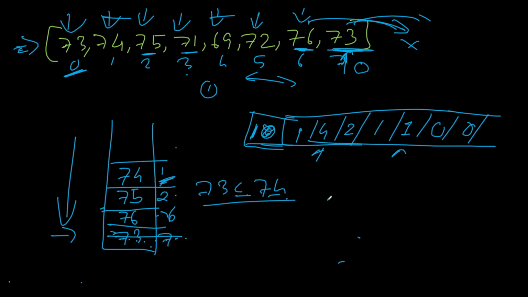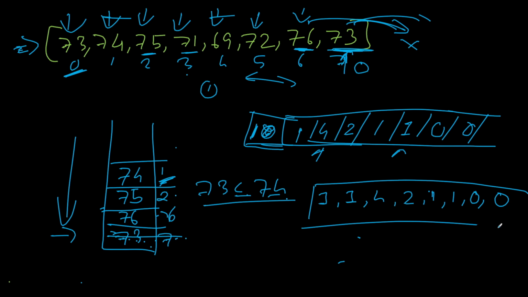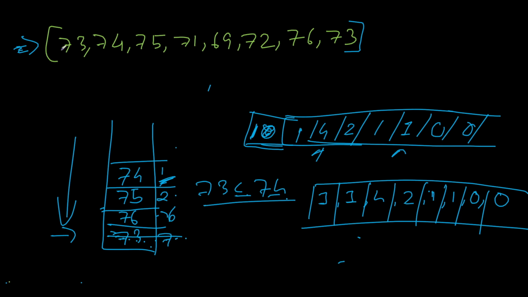So our final array comes out to be 1, 1, 4, 2, 1, 1, 0, 0, right? Now if you check it from here, for 73, the next greater temperature is 74, so it will be 1, correct?